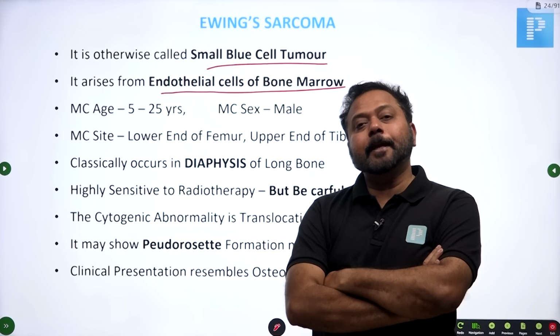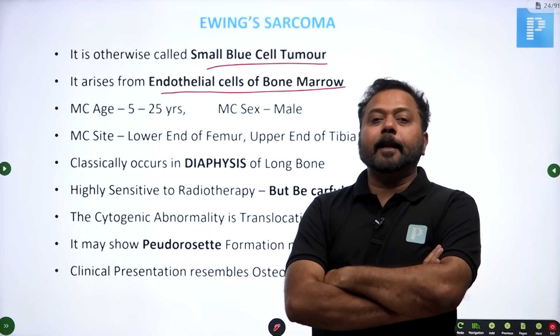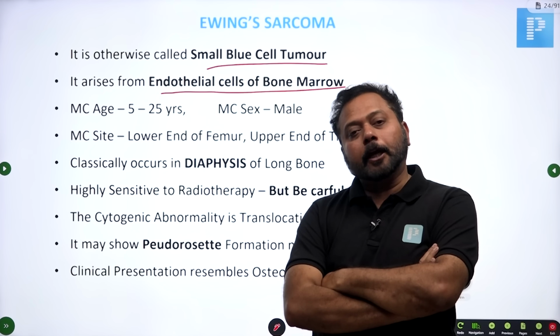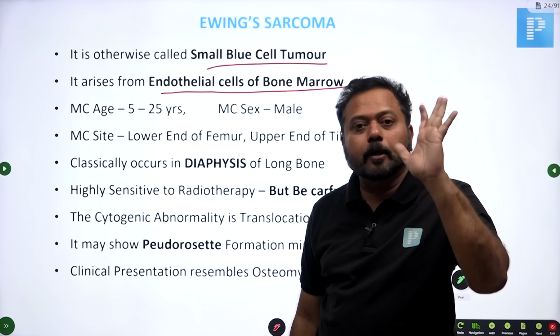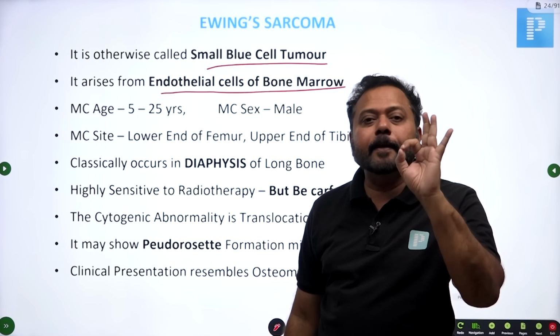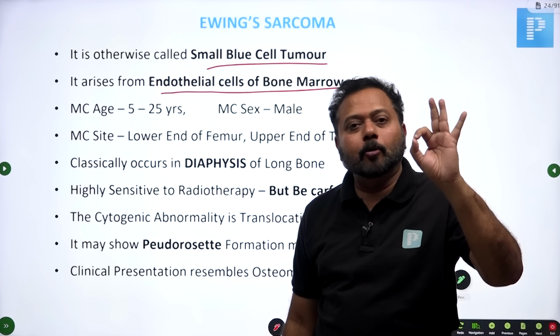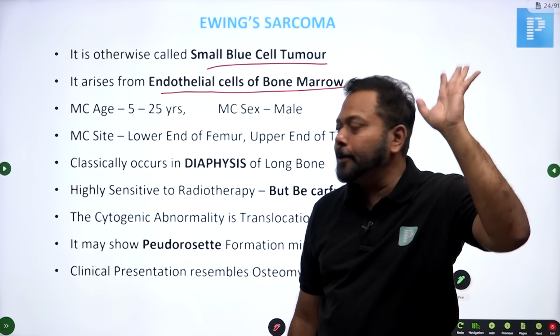Multiple myeloma happens in age group 70 and above. So two tumors are arising from bone marrow, so you tend to get confused. Endothelial cell of bone marrow, it is Ewing sarcoma. Plasma cell of bone marrow, it is multiple myeloma.